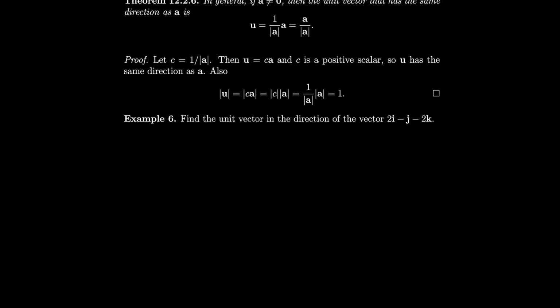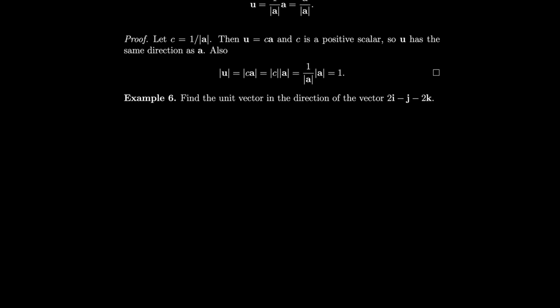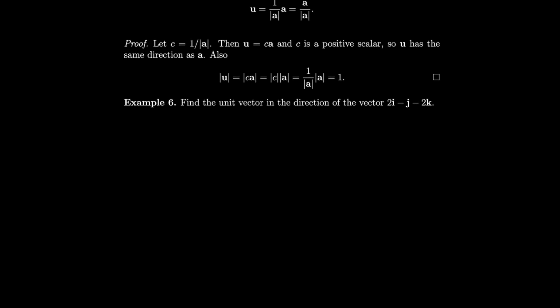So let's do an example, finding the unit vector in the direction 2i minus j minus 2k. So we will take the length of 2i minus j minus 2k, and the length, as we recall, is equal to the square root of each of the components squared, added together. It's just our Pythagorean theorem, basically. And that's going to be the square root of 9, which is 3.